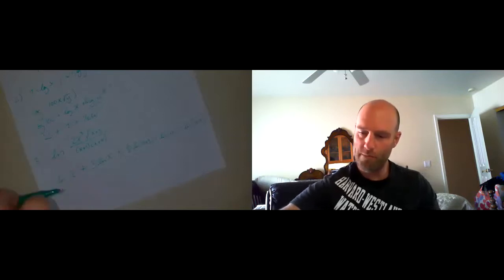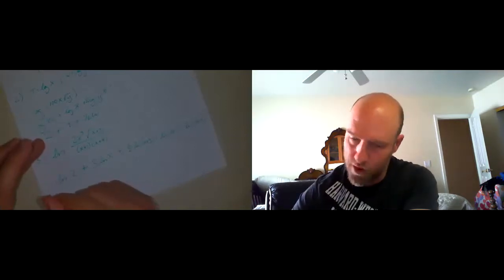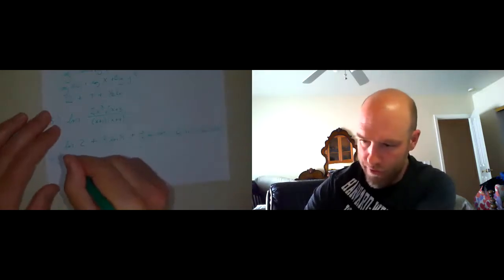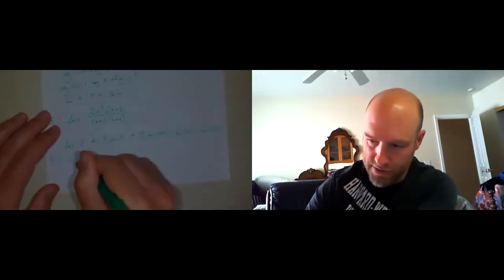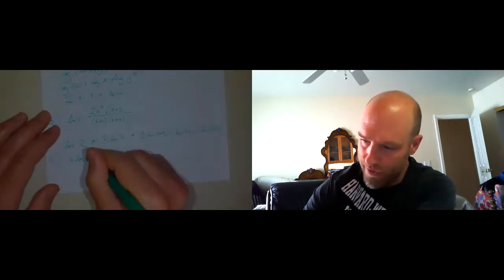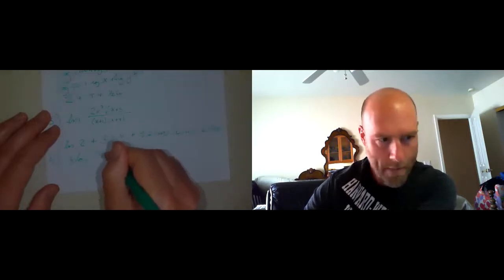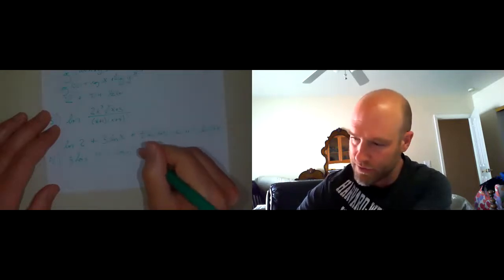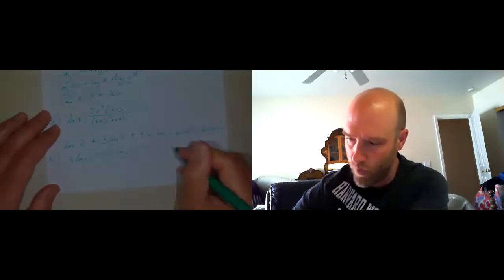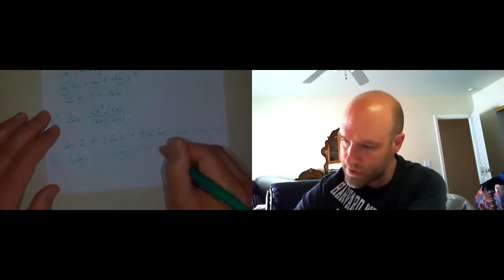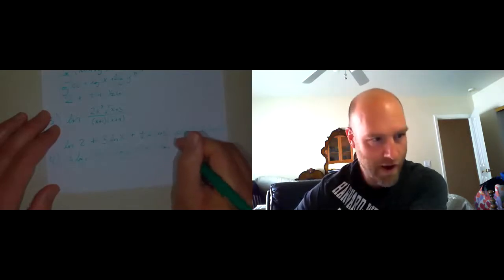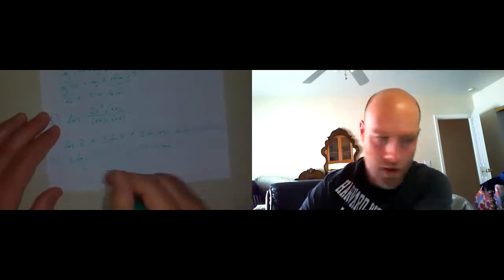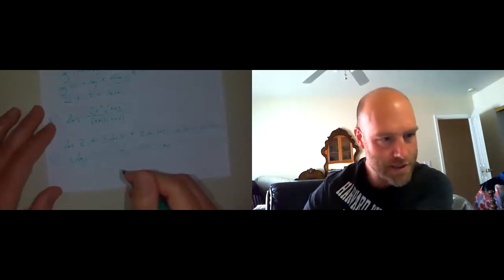Number 4, we're going backwards. They start us with 1/3 the log base 5 of x plus 1 minus log base 5 of x squared minus 4, and plus the log base 5 of x plus 2. We are going to condense this.